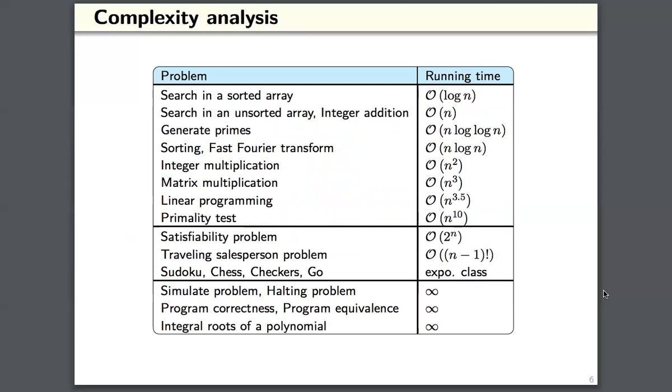So here are some examples, right? So consider all these problems. There are so many, you don't need to understand each and every problem here. So we have some algorithms for a couple of problems whose running time is bounded by a polynomial, right?